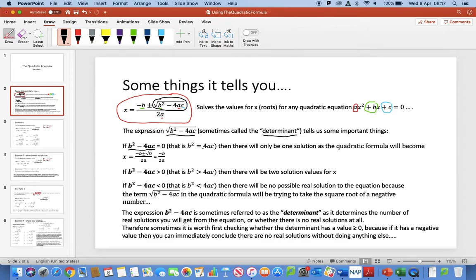Now, if b squared minus 4ac actually equals exactly 0, that is, the value of b squared is equal to 4ac, then there'll only be one solution to the quadratic. And that's because when we substitute in, if that becomes 0, we get the square root of 0, which of course is 0. So this whole quadratic formula collapses to minus b over 2a.